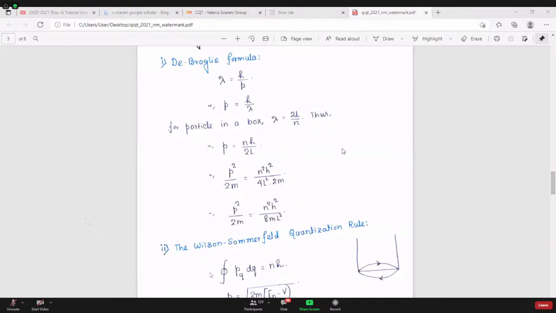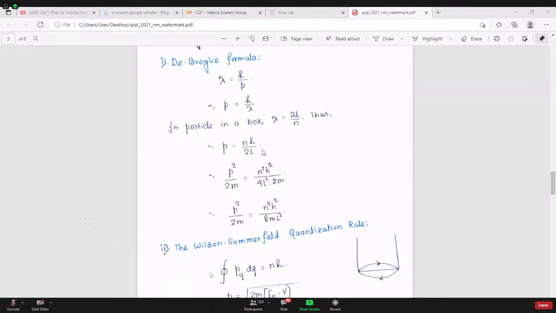Then for a particle in a box, here I have shown you for n equal to 1, your lambda is L. But when you increase your n value, then it will change.